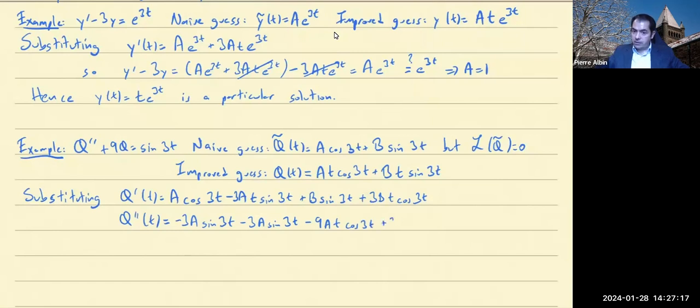And then similarly, we get 3b cosine 3t plus 3b cosine 3t minus 9b times t sine of 3t. Right? Or grouping like terms, minus 6a sine of 3t minus 9a times t cosine 3t plus 6b cosine 3t minus 9b t sine 3t.